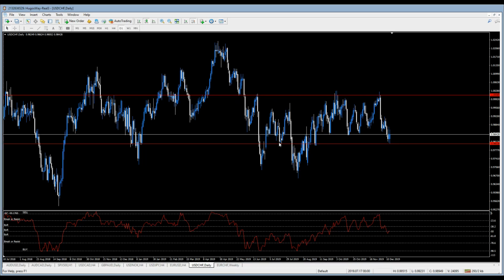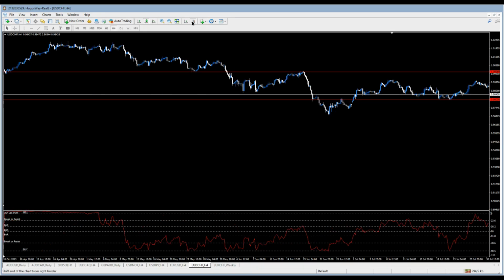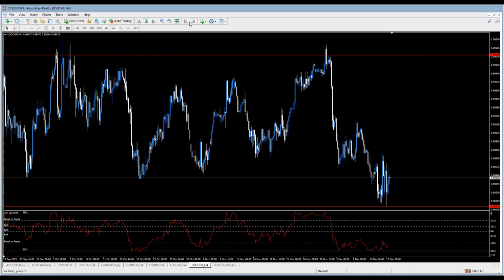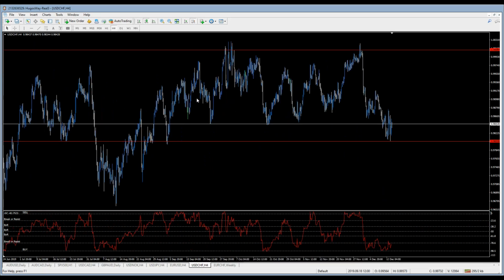Price came here and rejected on the same area of that rejection on that support. So I still see this going bullish also.